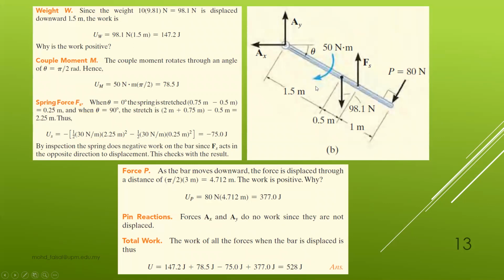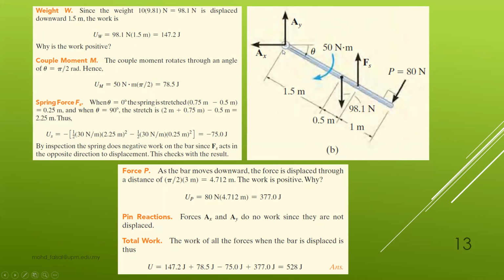Why is it displaced 1.5 meter? For this bar, because it is a uniform body, the center of mass is in the middle, at the center of it.